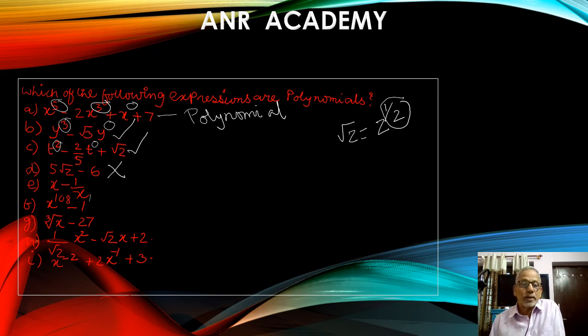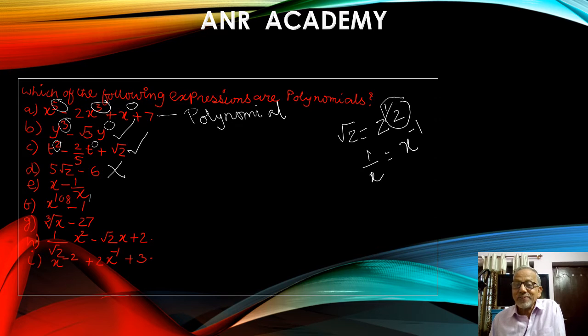Next one. x minus 1 by x. What is the power of x? 1. What is the power of 1 by x? 1 by x is equal to x to the power of minus 1. x to the power of minus 1 is not a non-negative integer.